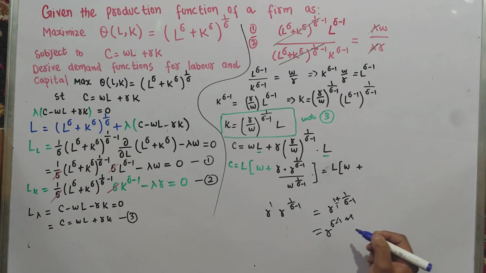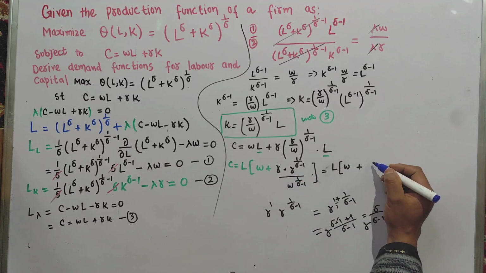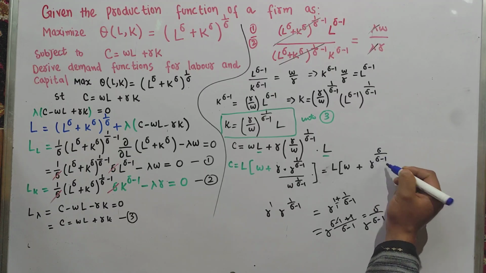So this gets cancelled, and we are left with delta divided by (delta minus 1) as the exponent of R. So I can write it here: R raised to the power delta divided by (delta minus 1).